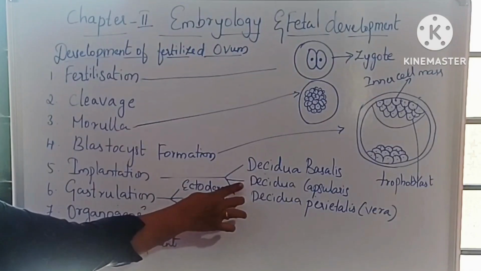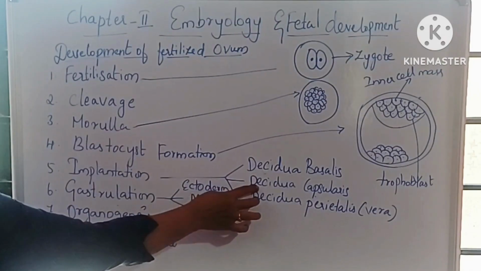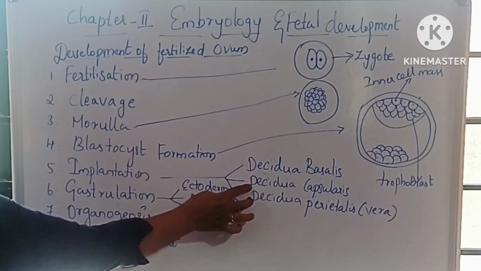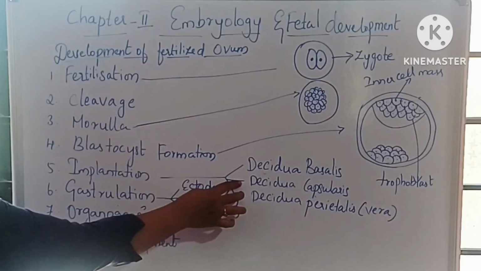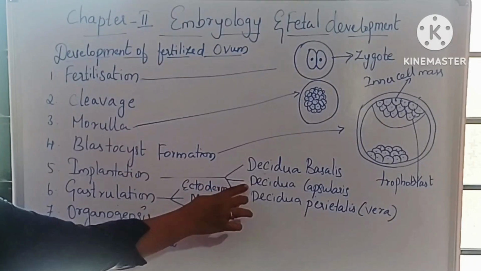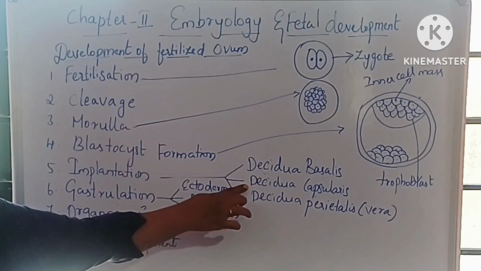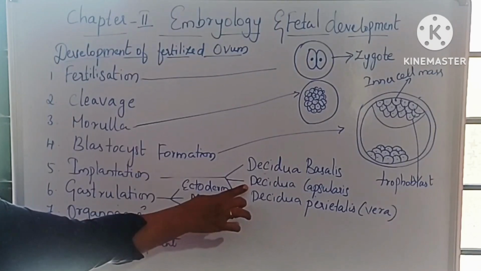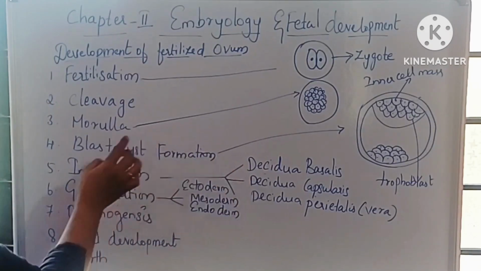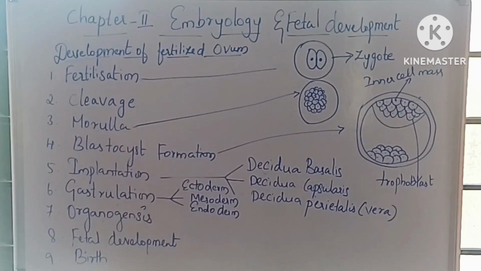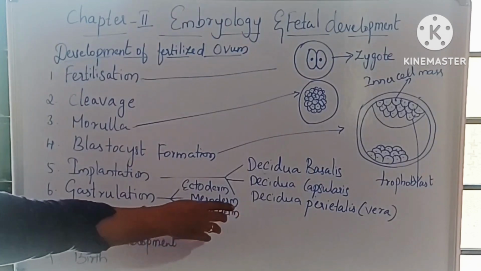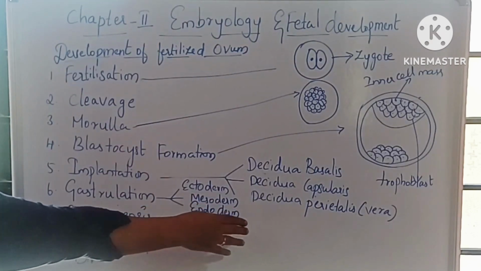Decidua capsularis is the part covering the embryo. It separates the embryo from the uterine cavity. Later, this disappears as the pregnancy grows. Decidua vera or decidua parietalis is the remaining lining of the uterus.